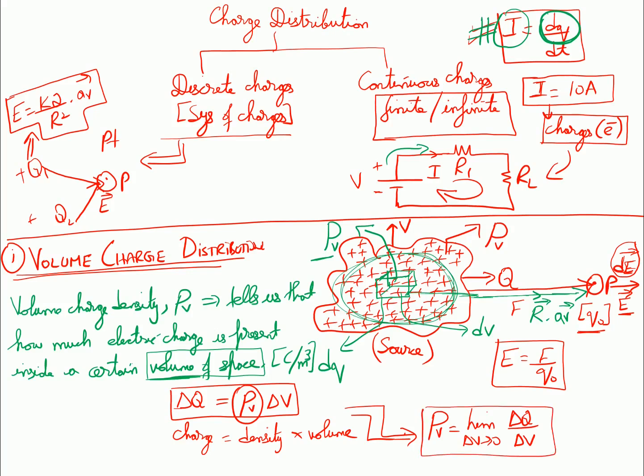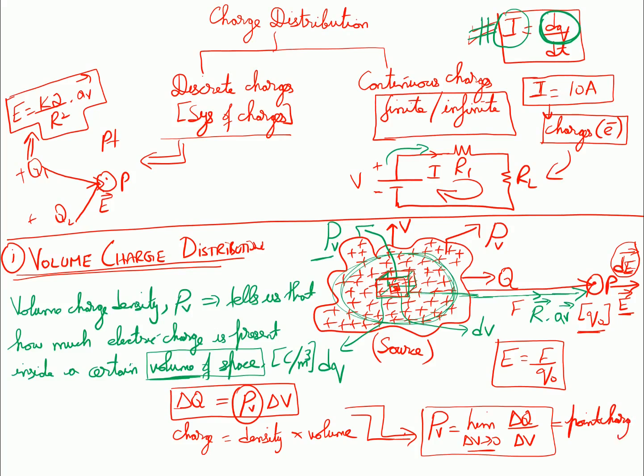And what does it mean? It means that if we have this cube and we start reducing the volume of this cube, the cube becomes smaller and smaller, to such an extent that as delta V approaches 0, we are left with only one single charge, and that is the point charge.